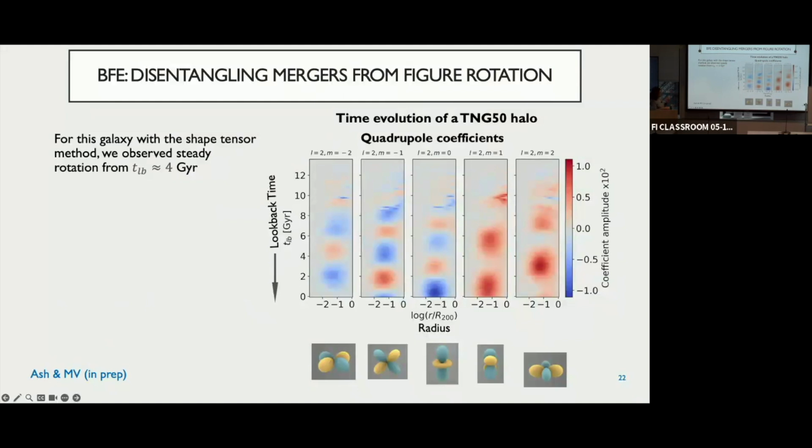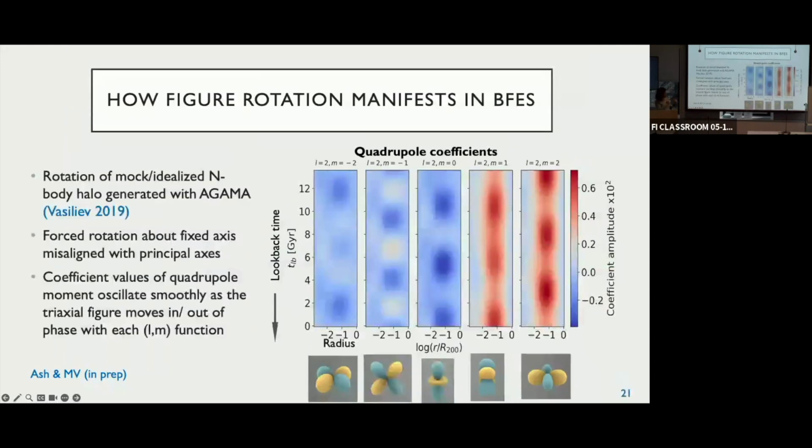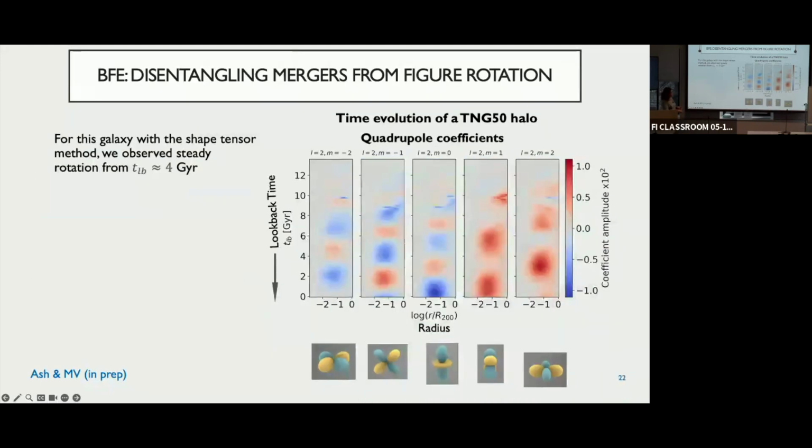And I don't know if you can see this, but I think this is pretty similar to what we saw in the idealized halo. In fact, it's even tighter, but there's some stuff here. You don't see that here, but here you see this very definite oscillation in the amplitudes of the coefficients, going back to 8 gigayears, right?